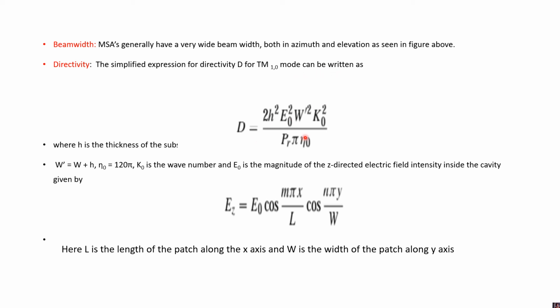Directivity for TM10 mode is given by this equation, where D is equal to 2h² E0² W'² k0² divided by P_r π η0. W' is, by considering the fringing fields, width plus height, and η0 is equal to 120π, k0 is the wave number, and E0 is the magnitude of the electric field intensity inside the cavity, and that is given as E0 cos(mπx/L) cos(nπy/W), similar to how you write for TE10.